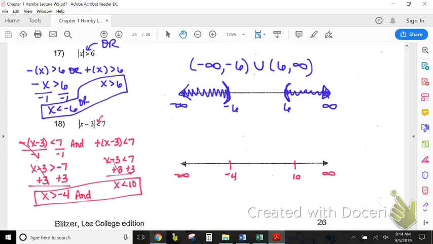We'll graph them individually, so greater than -4, less than +10. And since it's an and statement, we're looking for the overlap, which again is in between them. We both got parentheses.